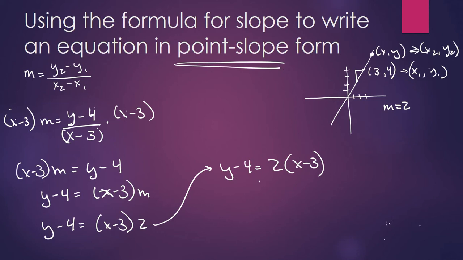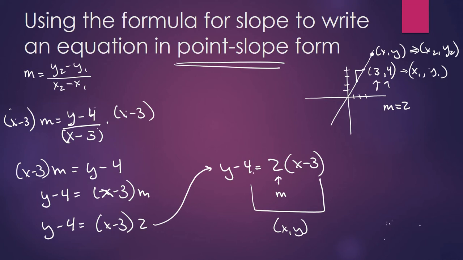And in point-slope form, we have the slope in this position, and we have an xy ordered pair in this position. Now you notice that this says y minus 4, even though my original point had 4, and x minus 3, even though my original point had 3.